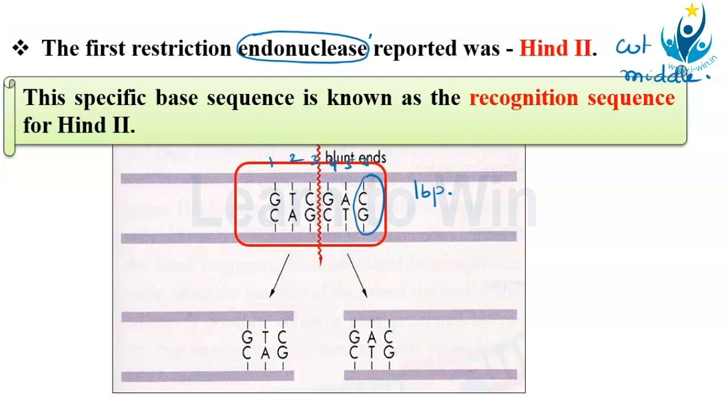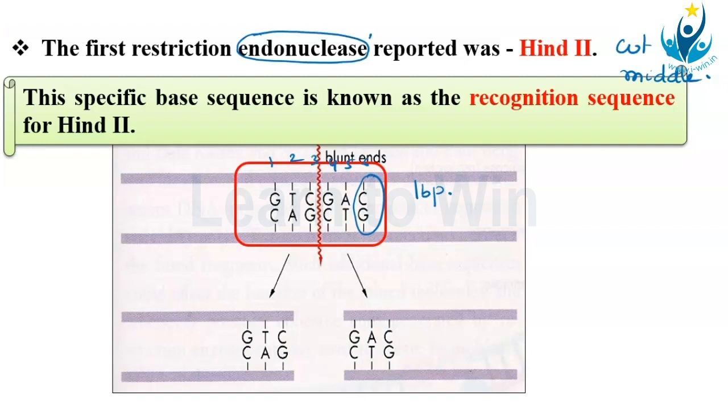Now, it is not only Hind2, but every restriction endonuclease cuts the nucleic acid at its own specific recognition site. Every enzyme has its own recognition site and it will make the cut there. Nobody will make the cut in another enzyme's site. It's like your specific marked territories.